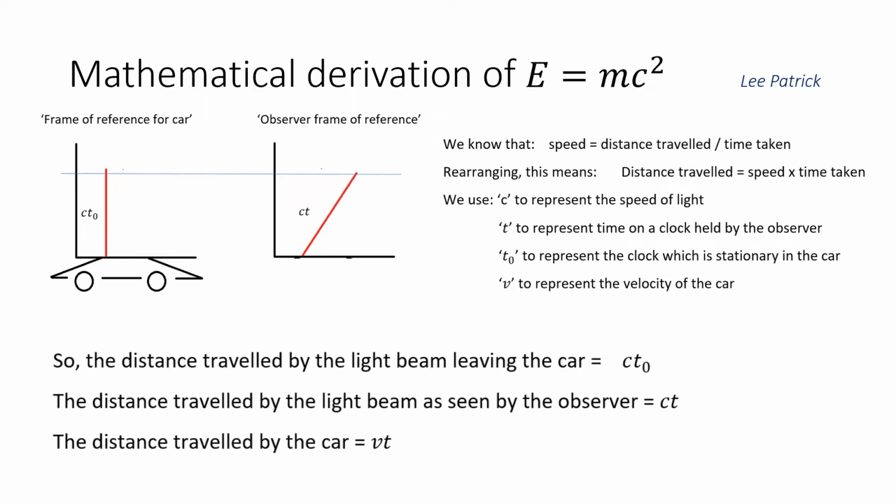So the distance travelled by the light beam leaving the car is ct0. The distance travelled by the light beam as seen by the observer is ct, and the distance travelled by the car is vt.